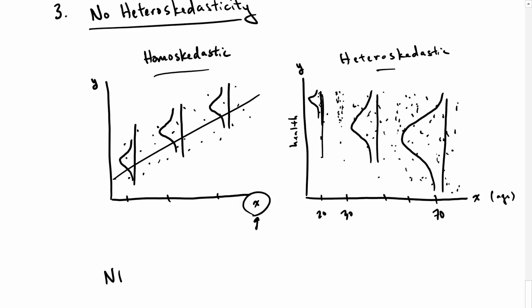Fortunately, this is also no big deal, because you can use robust standard errors, which correct for heteroskedasticity.